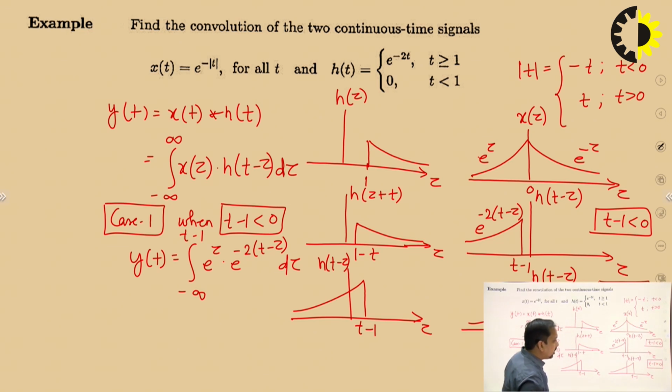The second possibility is when t minus 1 is greater than 0, or we can have equal to also. If we superimpose this h of t minus tau on x of tau, we can clearly see the region will be from minus infinity to t minus 1, but the integration limits will break down into two parts. One is minus infinity to 0.